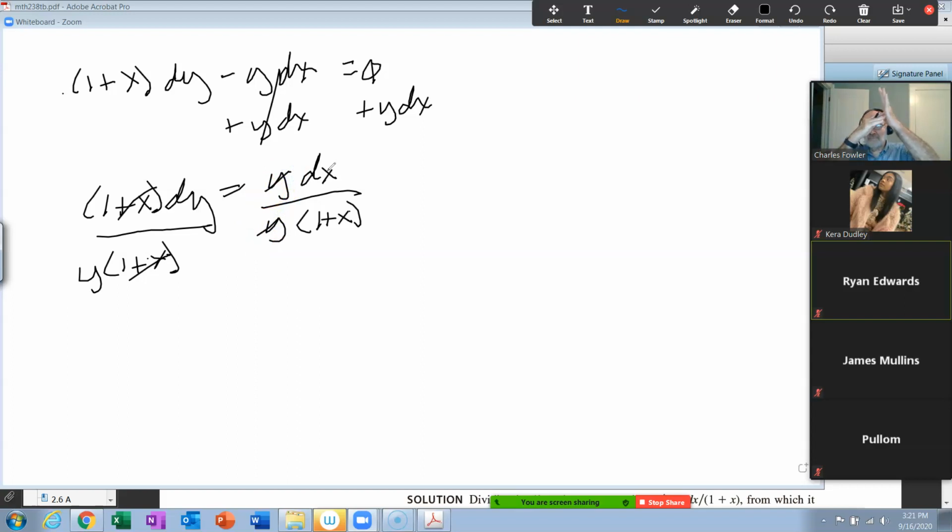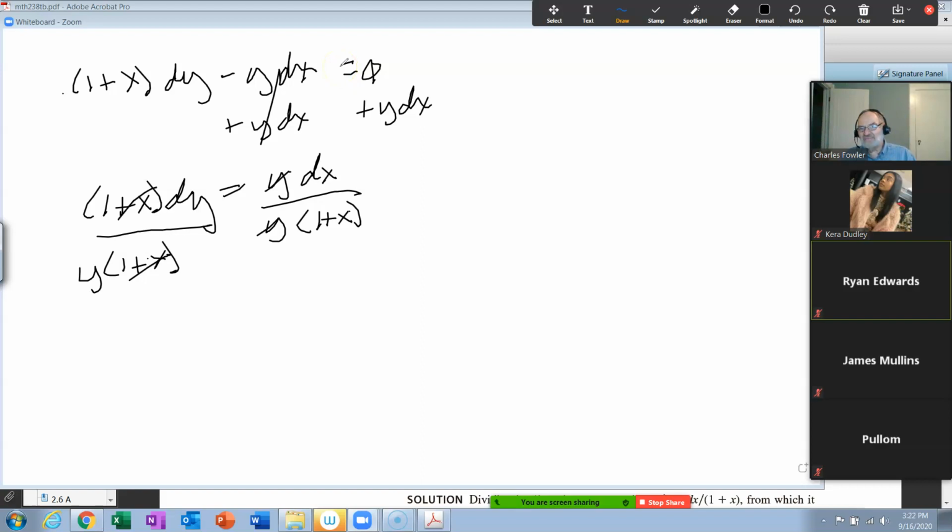Now, time out just a moment here. Some of you may be panicking and say, wait, you can't go around dividing by things with variables in them because that denominator could be 0. Well, guess what? If 1 plus x were 0, all we've got here is a 0 dy. So all you have is minus y dx is equal to 0.